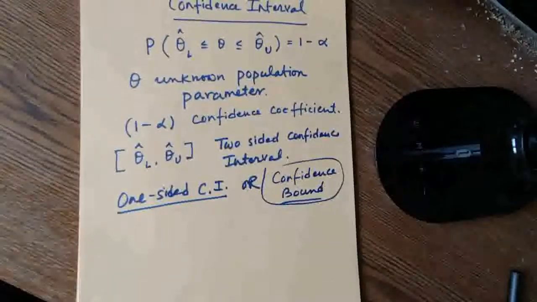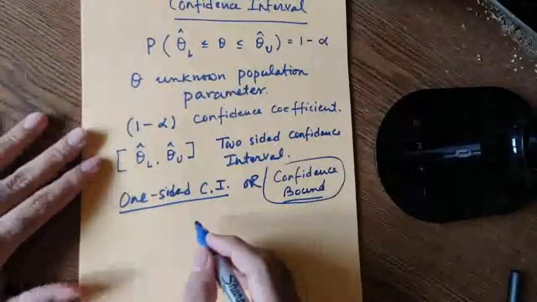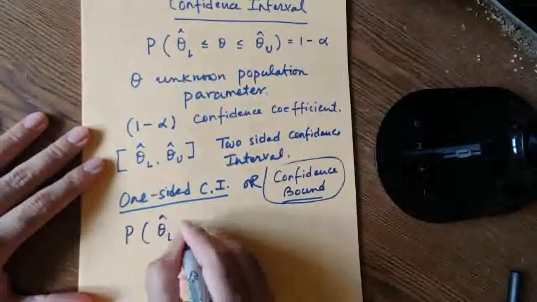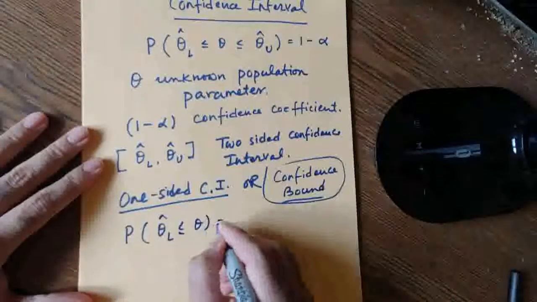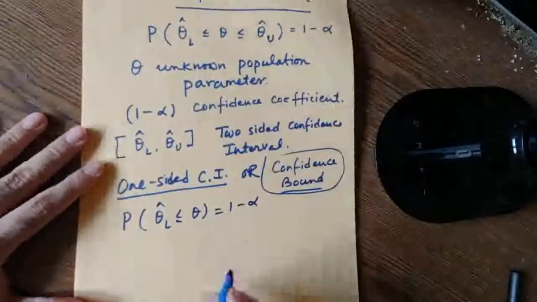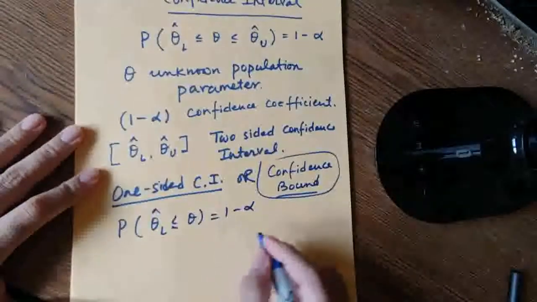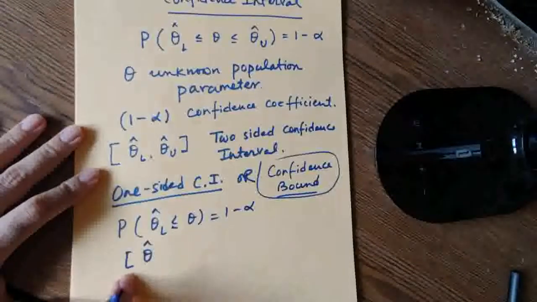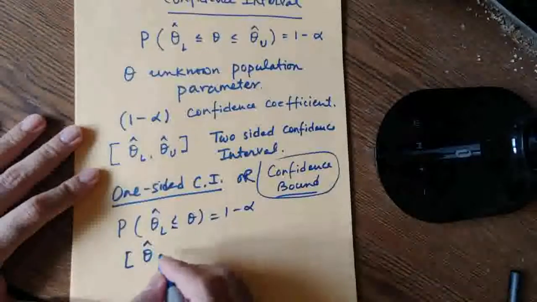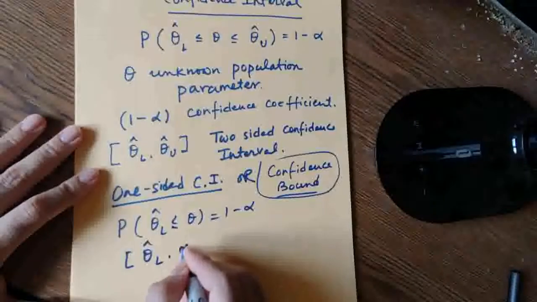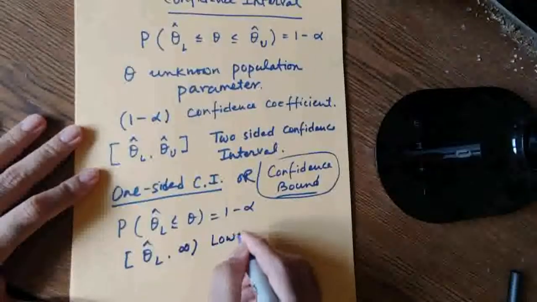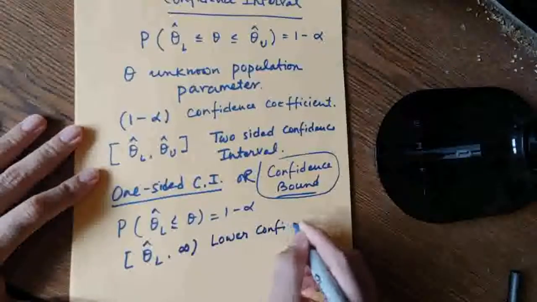So what are the confidence bounds? There are two of them. One is, if this is equal to 1 minus alpha, this is written this way, theta hat L, infinity, where the bracket means included, and the upper limit is infinity. This is what we call the lower confidence bound.